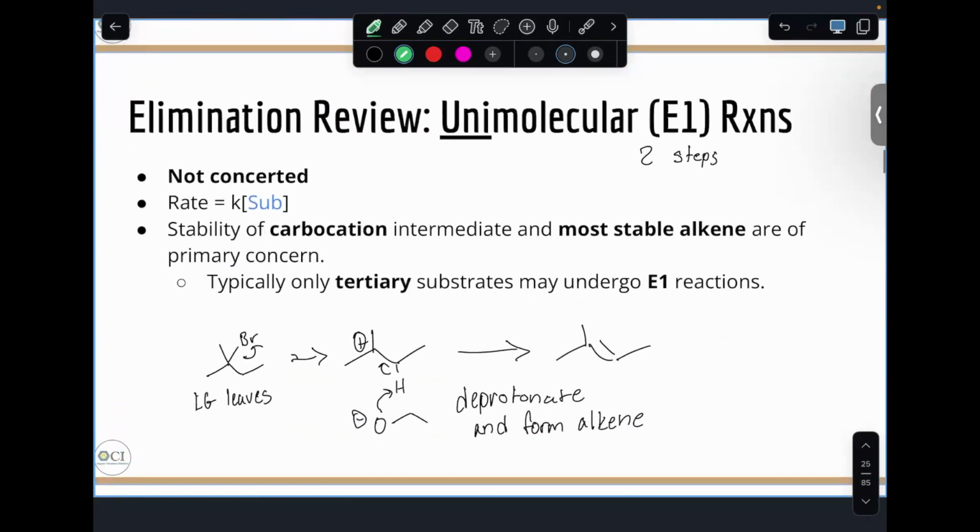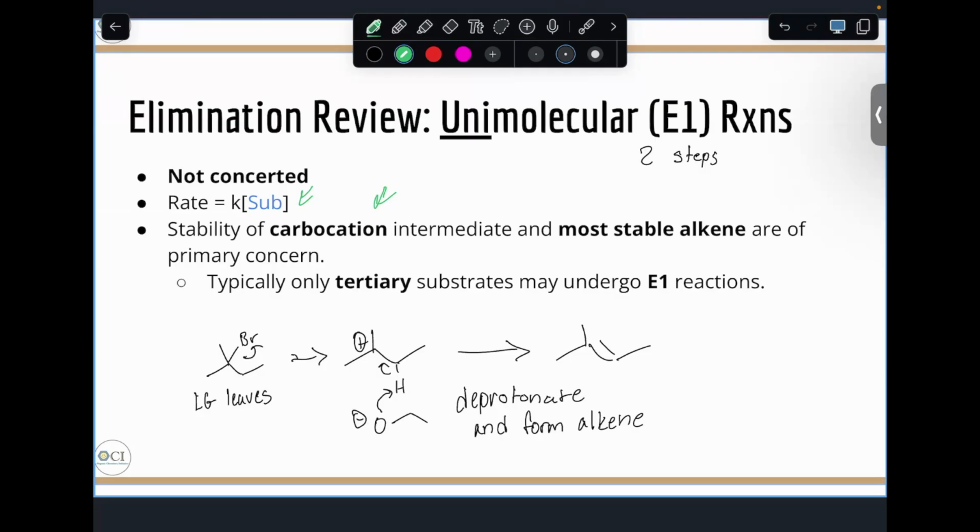And then for E1 reactions, there are two steps. So you have a carbocation, and this is dependent on only the substrate. E1, one thing in the reaction. And stability of the carbocation is very important. As anytime you have a carbocation, it's always pretty important.